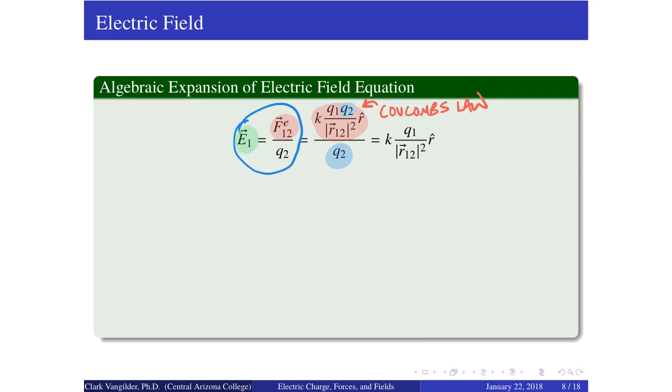Mathematically, the magnitude of the electric field is that green bubble right there. The electric field of charge 1 is basically the relationship between that amount of charge and some distance. So E sub 1 is the field at some distance.